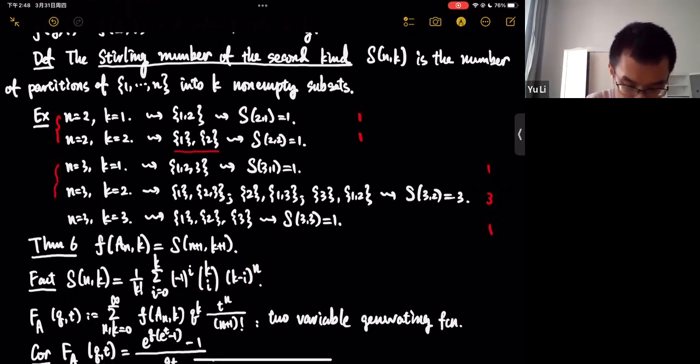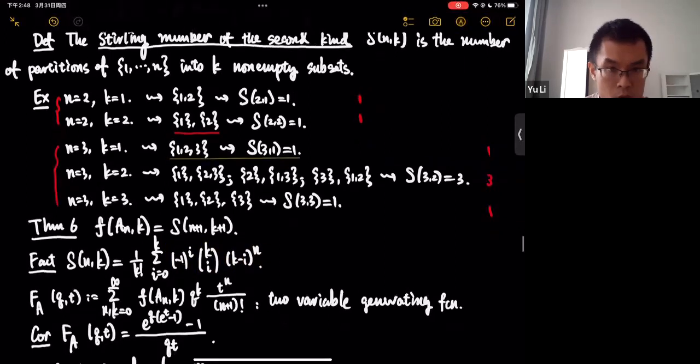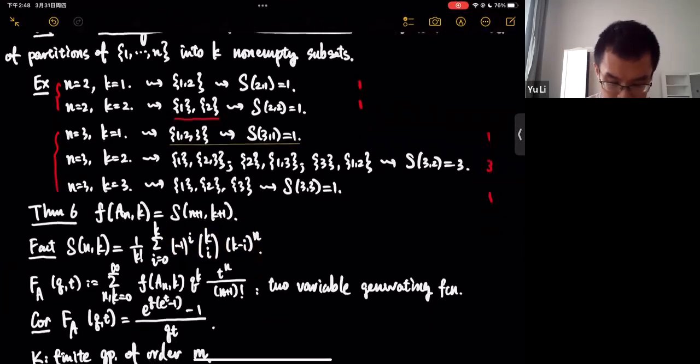Now, when n is equal to 3, suppose I want to decompose into one part, I have only one decomposition, namely {1, 2, 3}. So S(3,1) is 1. If I want to decompose into two parts, I have 3 decompositions as written. So S(3,2) is 3.